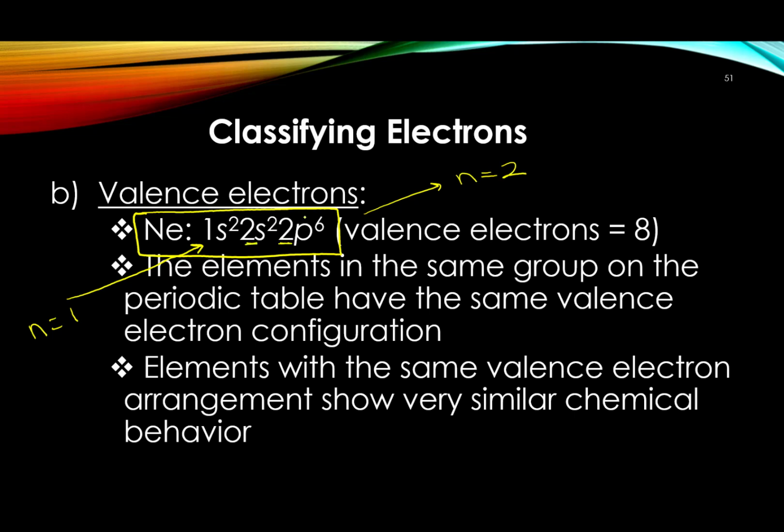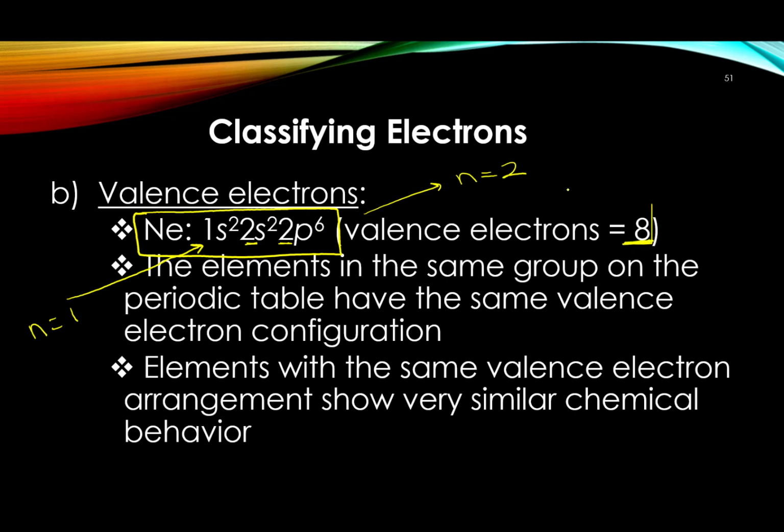Then those subshells that are in energy level 2 will be your outermost subshells. Then the s and p subshells' electrons will be your valence electrons. Then 6 and 2 is 8.